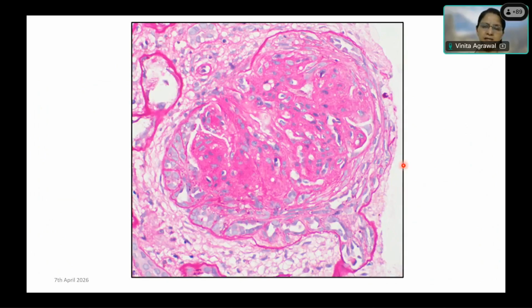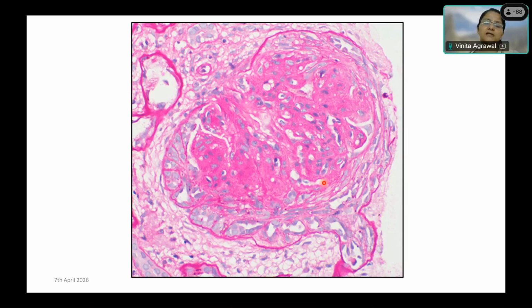It is in the Bowman's space, right? So this is a cellular crescent because more than 75% is formed of cells. And it obliterates the Bowman's space. And this is a glomerular tuft, which is again showing similar findings that we were seeing there. So this is a glomerulus showing a crescent.